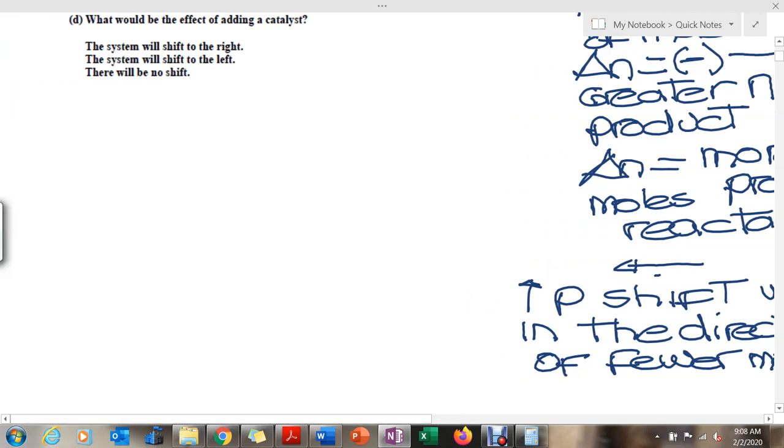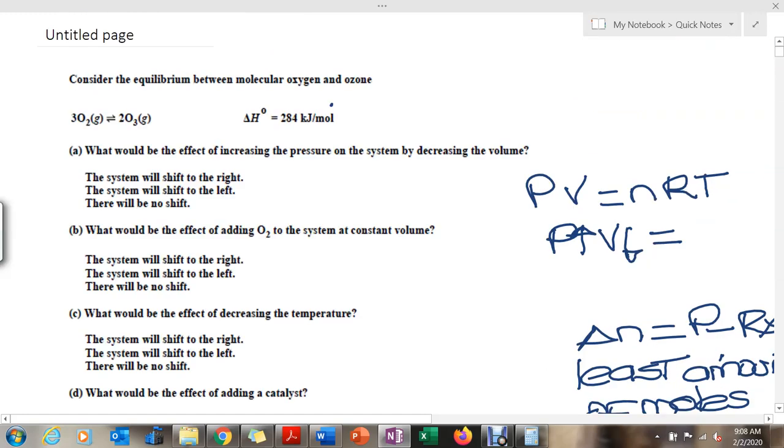Now let's look at this. Increasing pressure on the system, by decreasing volume. How many moles do I have in the products? 2. And the reactant 3.